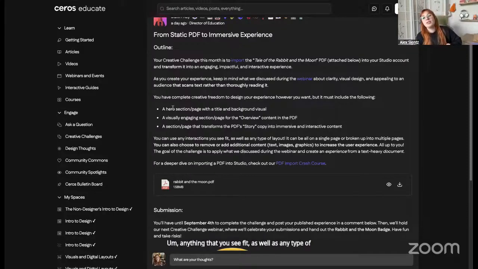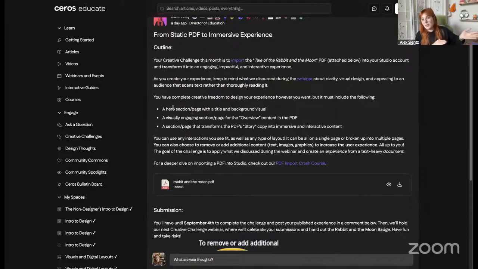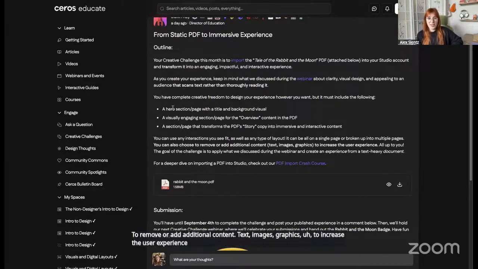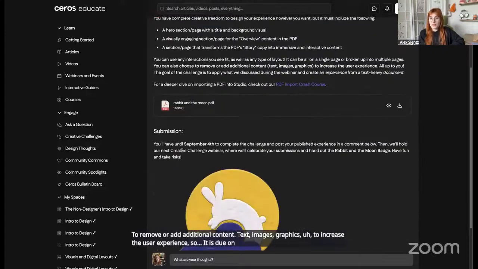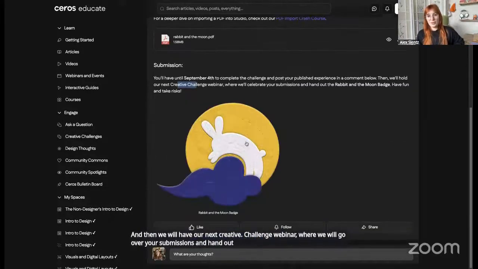It can be all on a single page or broken up into multiple pages. You can also choose to remove or add additional content, text, images, and graphics to increase the user experience. It is due on September 4th, and then we will have our next creative challenge webinar where we will go over your submissions and hand out this cute little rabbit and moon badge.